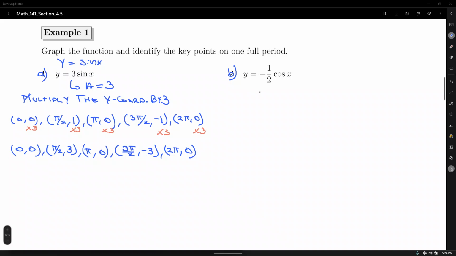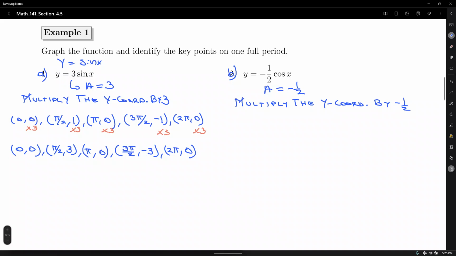All right, well, so let's write that in words. So number one, a equals -1/2. This means multiply the y coordinate by -1/2. All right, so I'm going to start with a fresh set of key points, but this time for the cosine function.